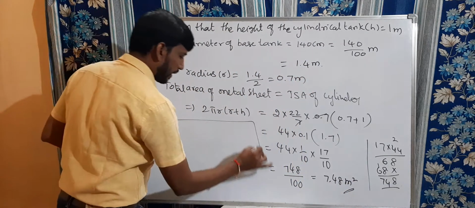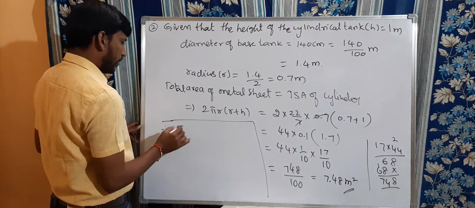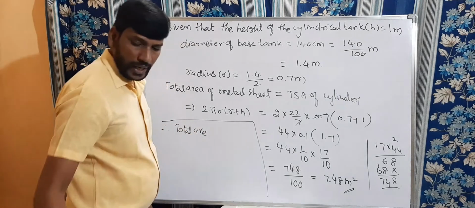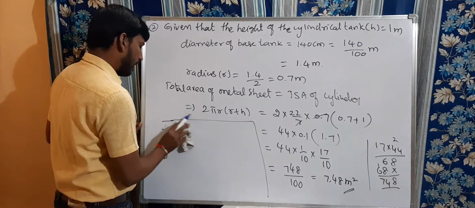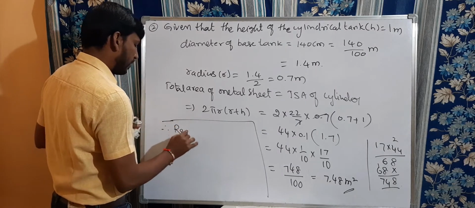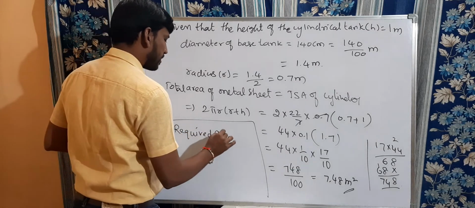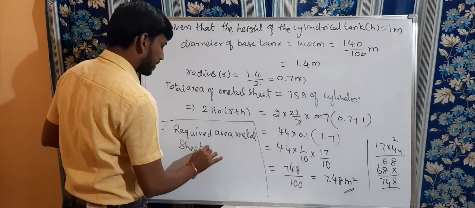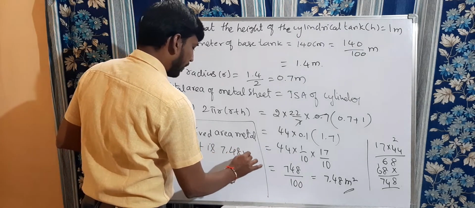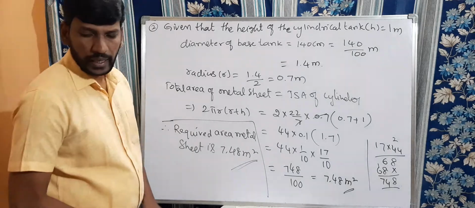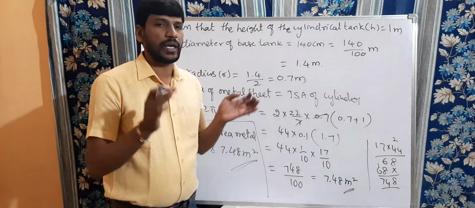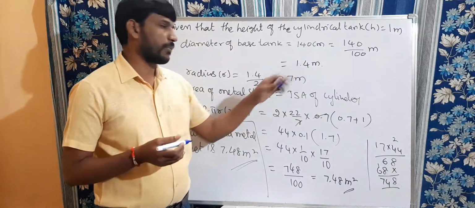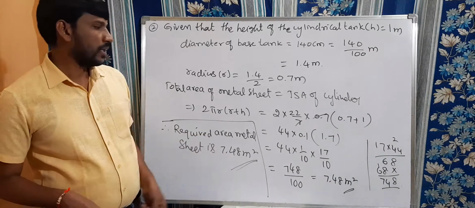So therefore, the required area of metal sheet is 7.48 meter square. So this much metal sheet is required to make a closed cylindrical tank whose height is 1 meter and diameter is 1.4 meters. Clear, my dears? Right, copy this.